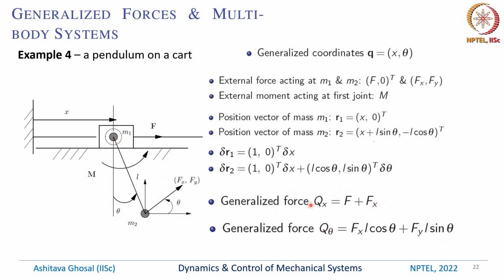Okay, so qx has units of newtons and q theta has units of torque, newton meter, and that comes from the choice of q. One of them is x, a linear measure, and theta, an angular measure. So the generalized force corresponding to the linear measure will be in newtons, and the generalized force corresponding to the angular measure will be torque.